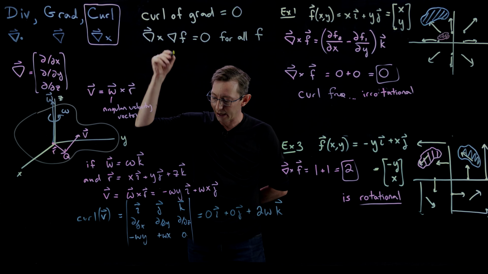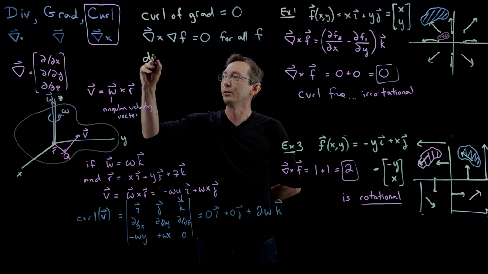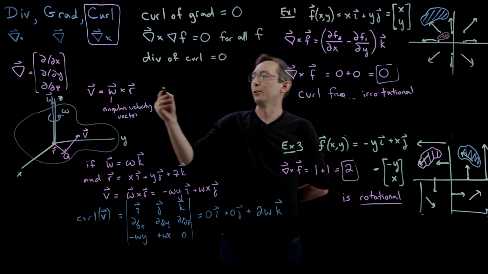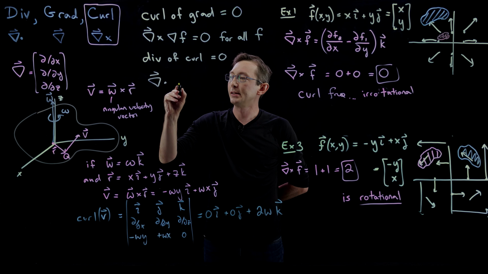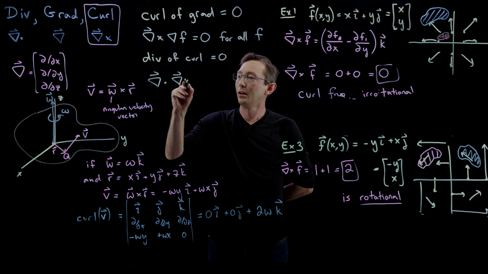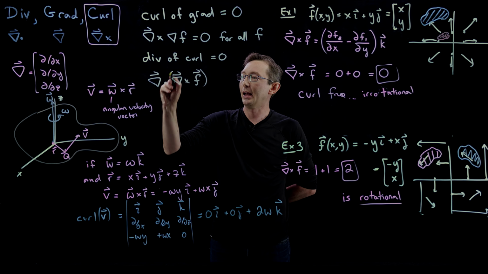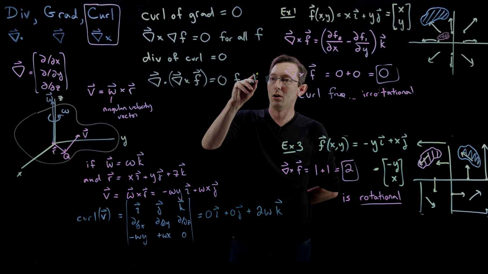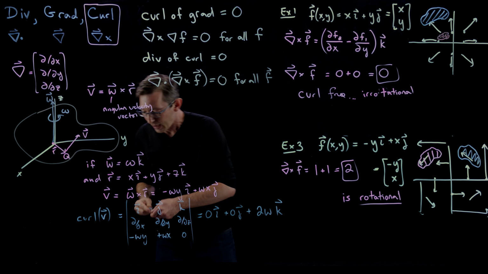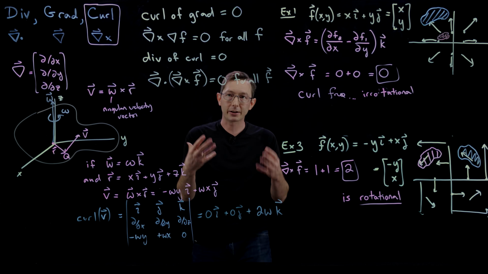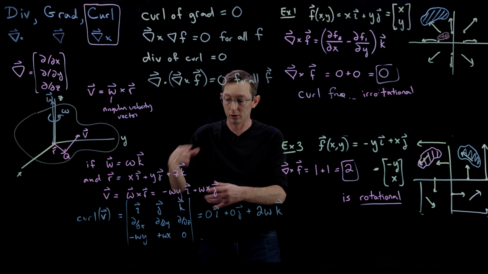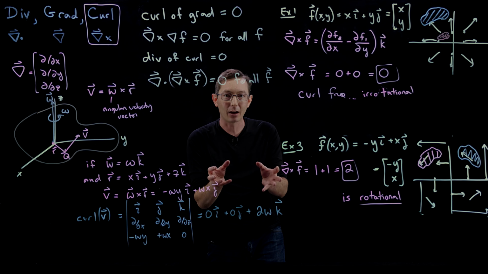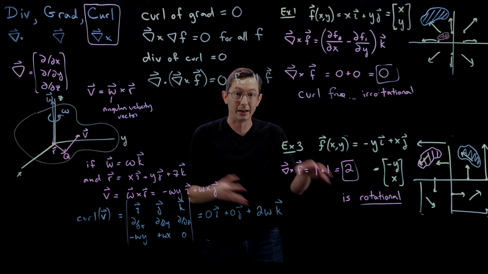And similarly, the divergence of a curl is always 0. Div of curl equals 0. So the divergence of the curl of any vector valued function f equals 0, again, for all f. And this is kind of cool. If I have a vector field and I compute its curl, the curl of a vector field gives me exactly the components of that vector field that are rotating.